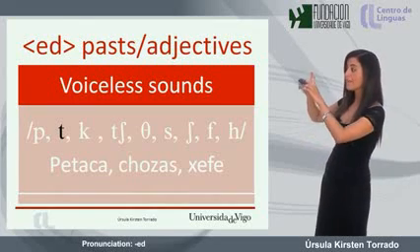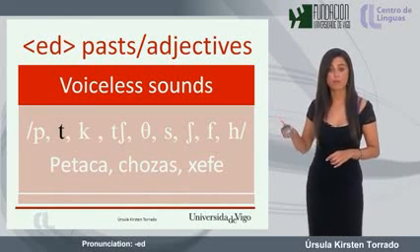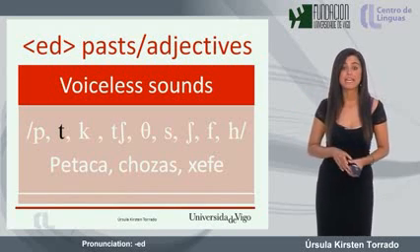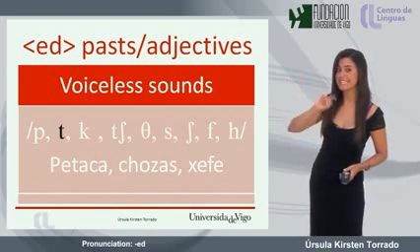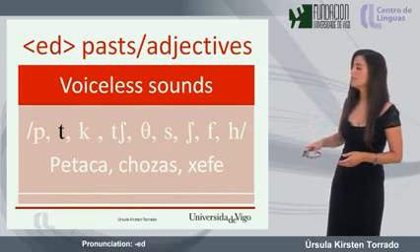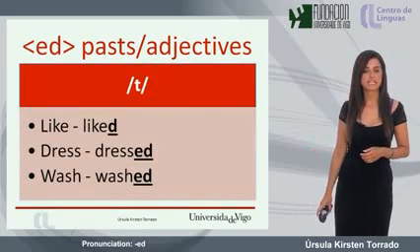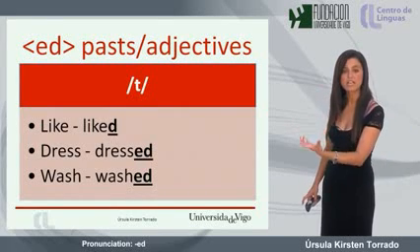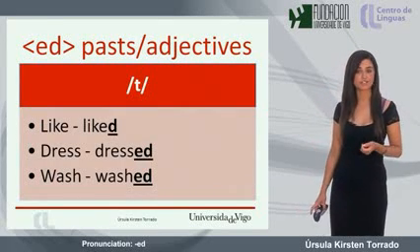So, whenever you have a verb or an adjective ending in a voiceless sound, except T, then you need to pronounce T. For example, like. Like ends in K in pronunciation.